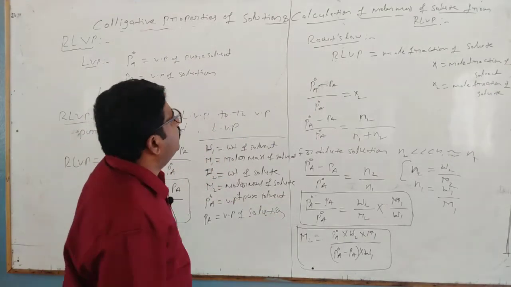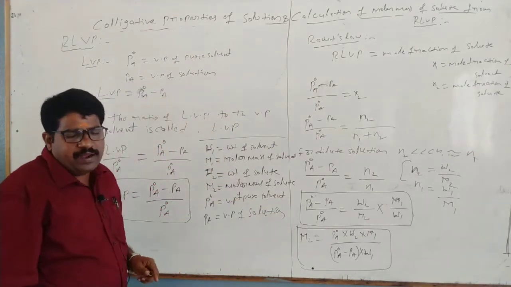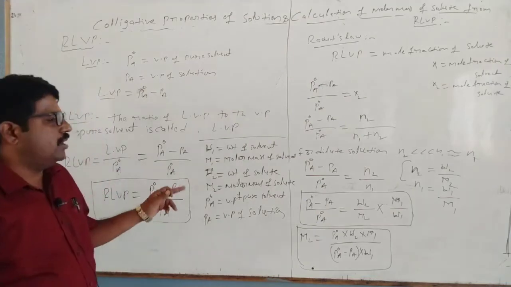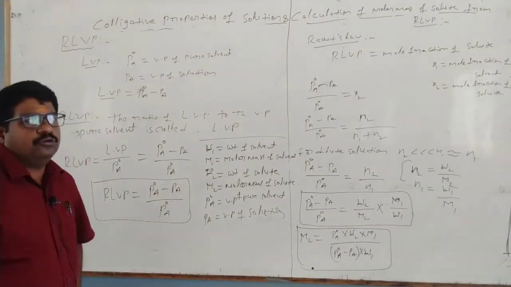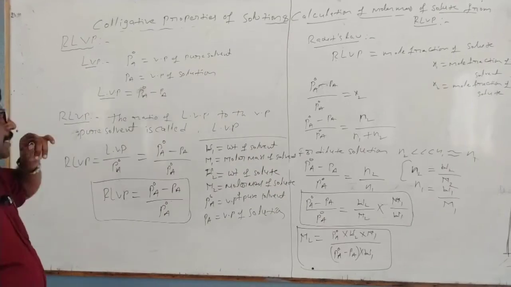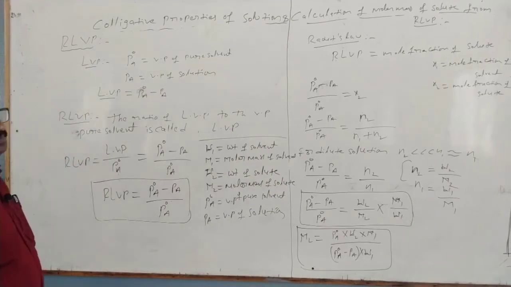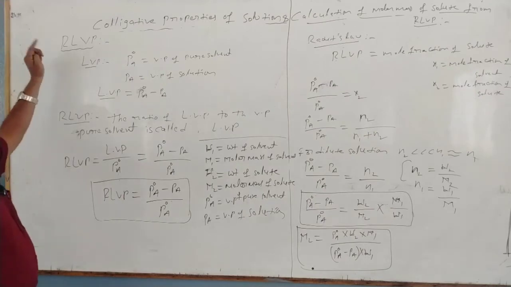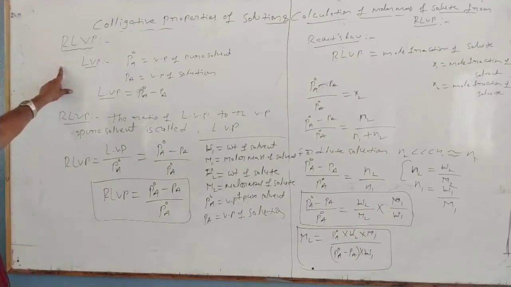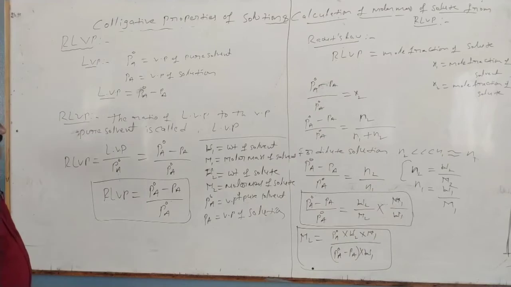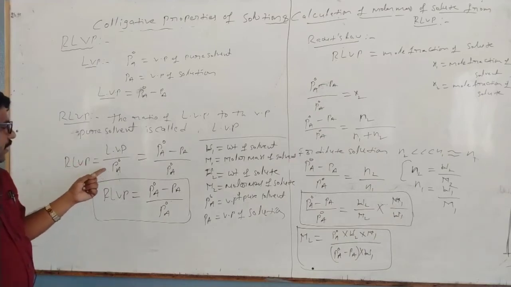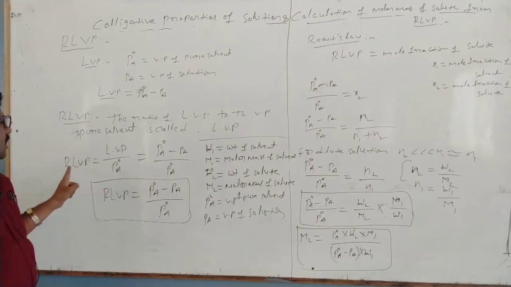This is about RLVP, relative lowering of vapor pressure, and calculation of molar mass from RLVP. So this is the first property. So what does RLVP mean? RLVP means the ratio of lowering of vapor pressure and vapor pressure of the pure solvent. What is LVP?